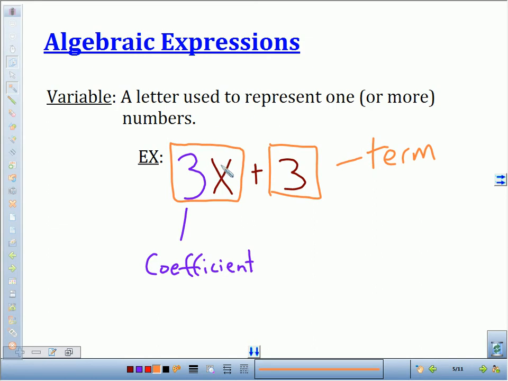Since 3x has a variable in it, it's a variable term. Since 3 does not have a variable, it's just a number, it's a constant term. So we need to sort of keep those two separate. If I say the constant term, we need to know that I'm talking about the term that doesn't have a variable.